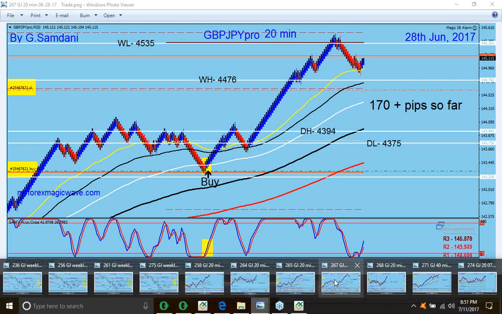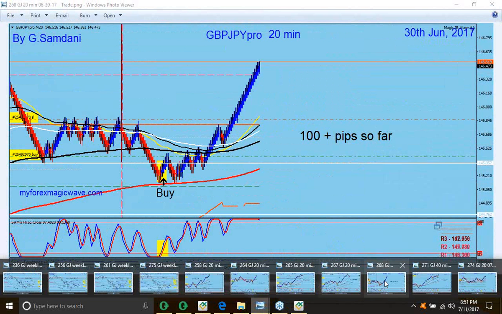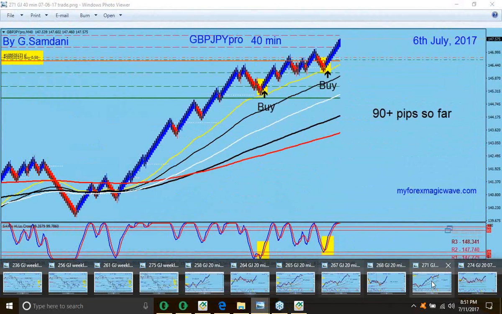Then again on June 30, after a little retracement back to the yellow line and the red line, it went up again, and then this is July 6th, and I'm showing the 40-minute chart.